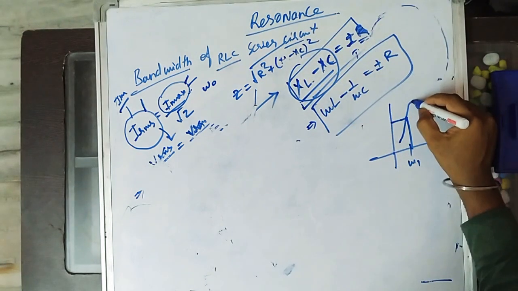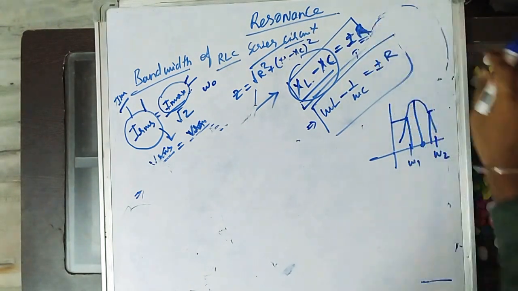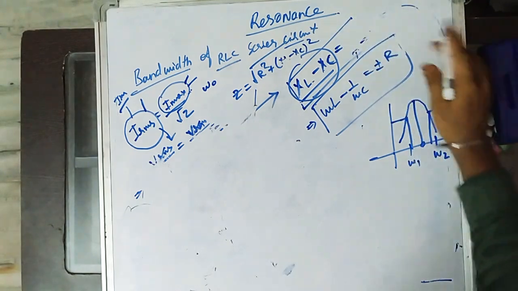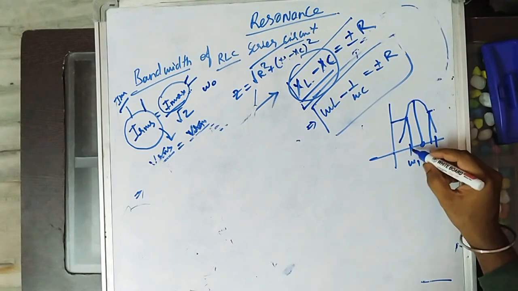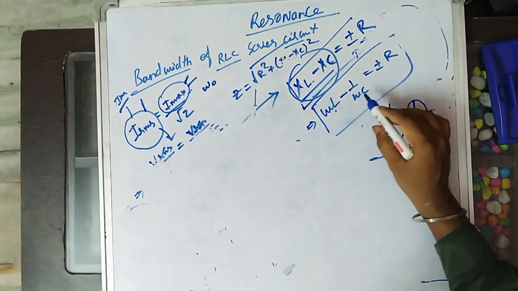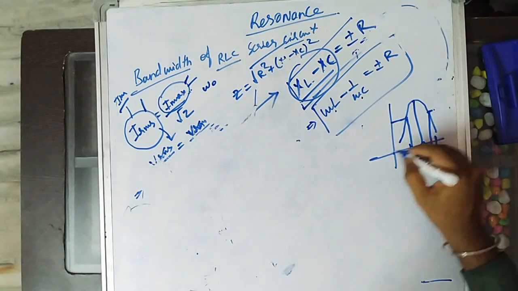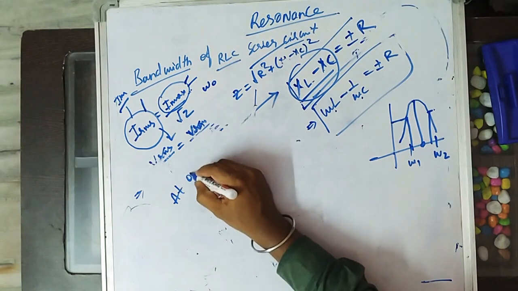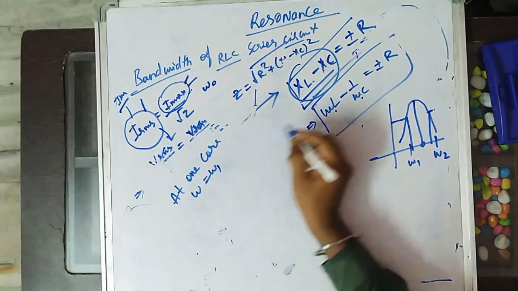In resonance, if you observe carefully this equation XL minus XC equal to plus or minus R. At one corner frequency, let us say omega equal to omega 1, what happens?